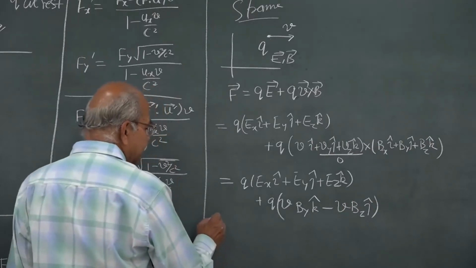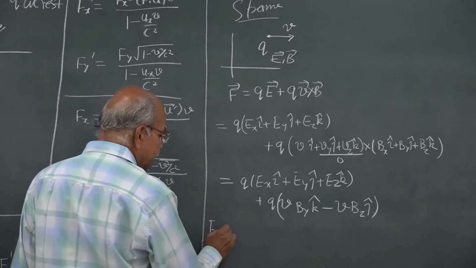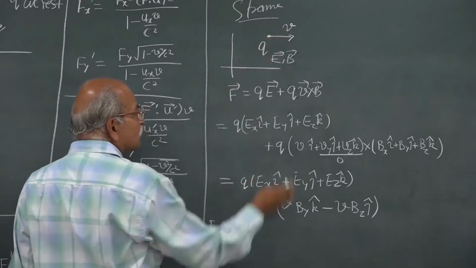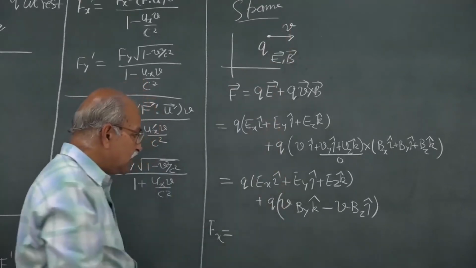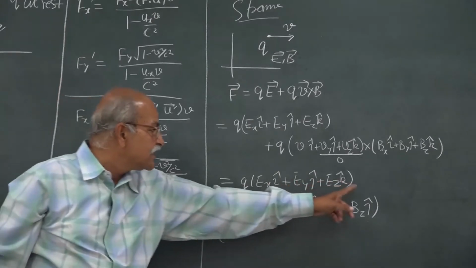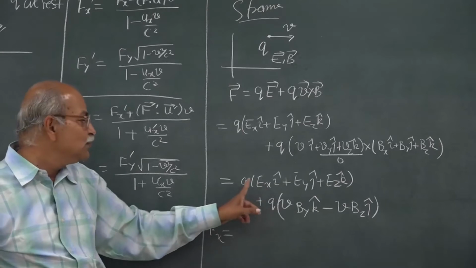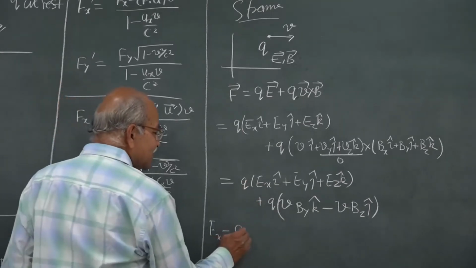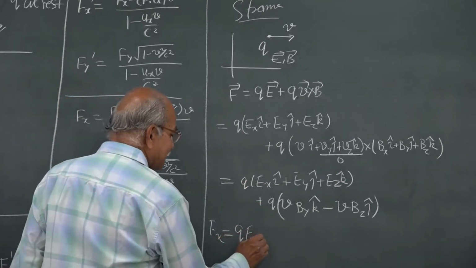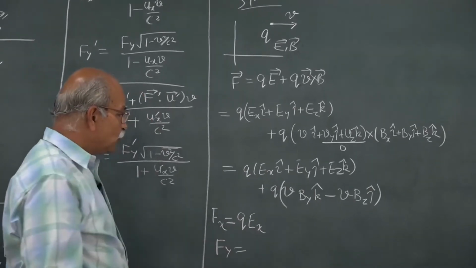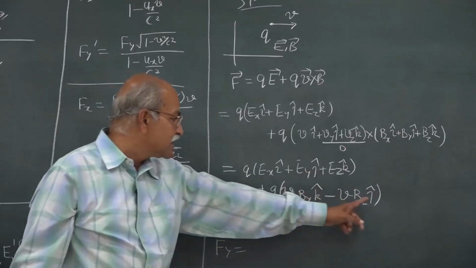So, what is Fx? This is F, the force on this particle because of the electric and magnetic field. So, for Fx collect i cap. Where is i cap? i cap is only here, and therefore it is just q into Ex. So, Fx is q into Ex. Fy, this is at two places, j cap here, j cap here.